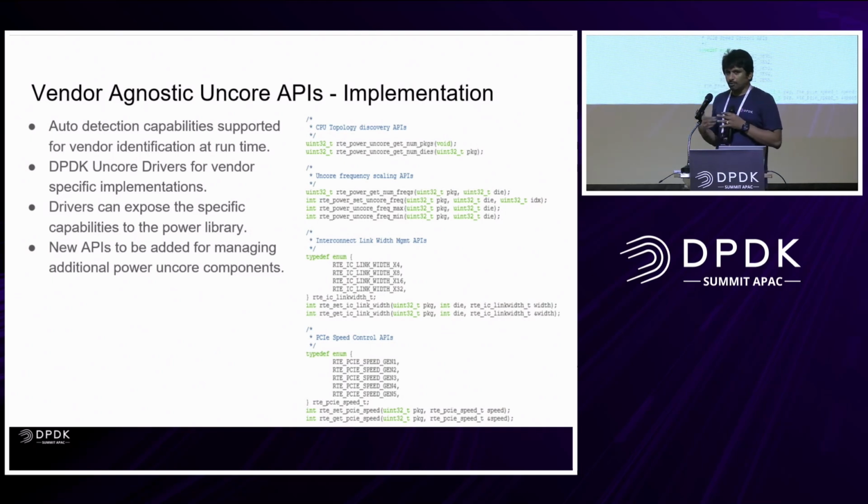What we propose is a couple of APIs which allow setting the interconnect bus widths and frequencies, along with PCIe and various Uncore components. How it is implemented is up to the driver. If the driver does not support a specific capability, it can add a dummy hook, which means applications will run seamlessly on those platforms as well.